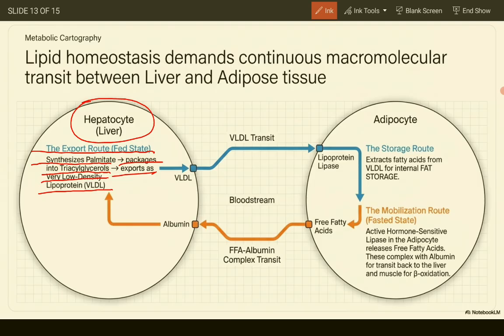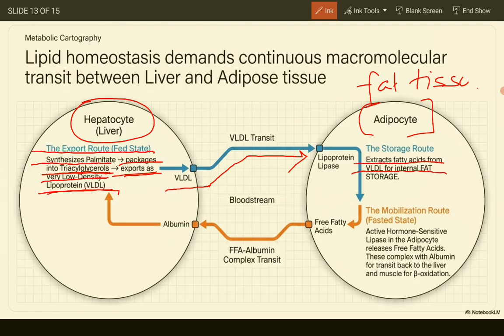This VLDL leaves the hepatocyte of the liver, is transported through the body and generally goes to the adipocyte cells, the fat tissues, which extract fatty acid from VLDL for internal fat storage. The fat is taken out from VLDL and stored.